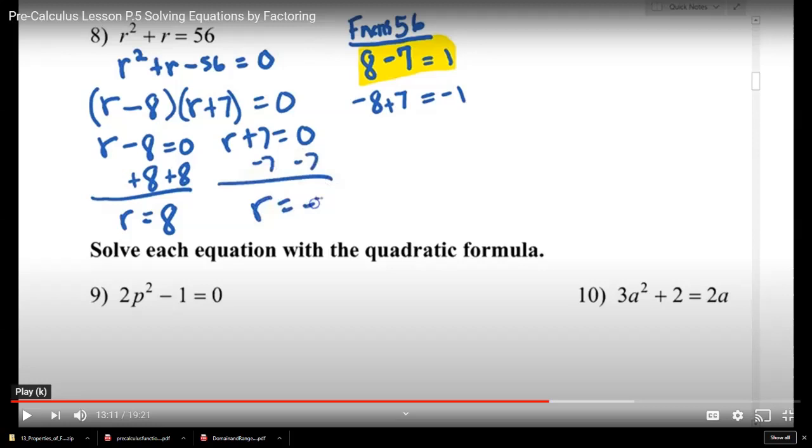I'm going to give you a minute. Okay, I want everybody to look at the steps here, and there is a mistake in my step.